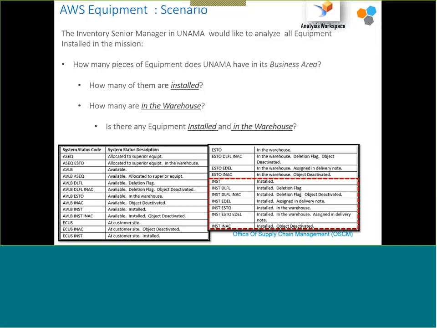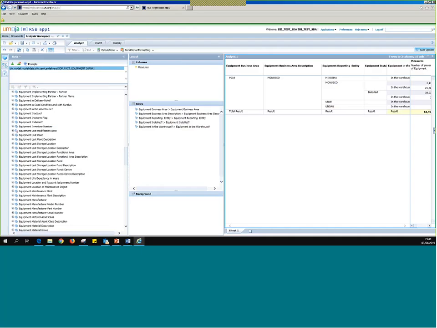So let me go back to the scenario here. As you can see here, I do have another attribute here, which is in the warehouse, but I cannot see very well.